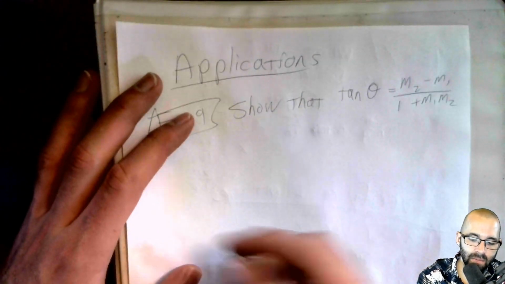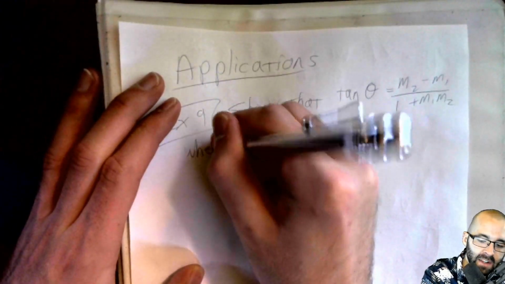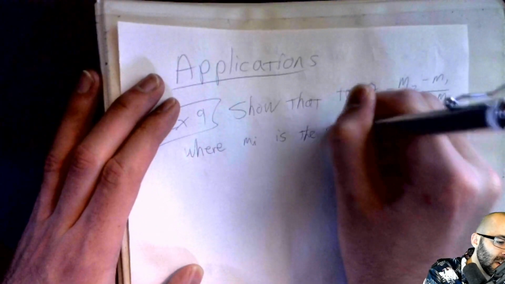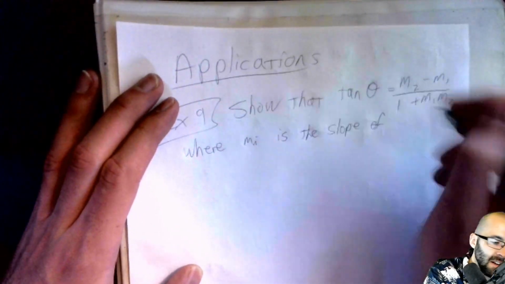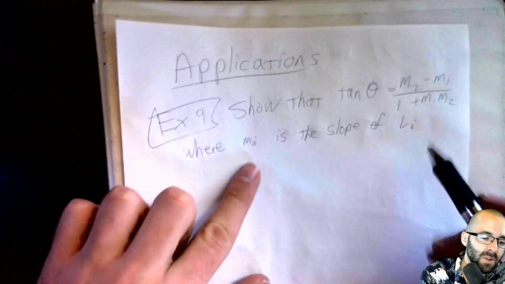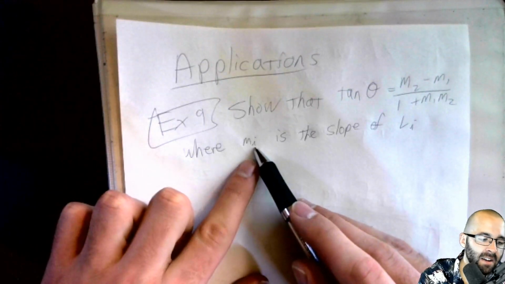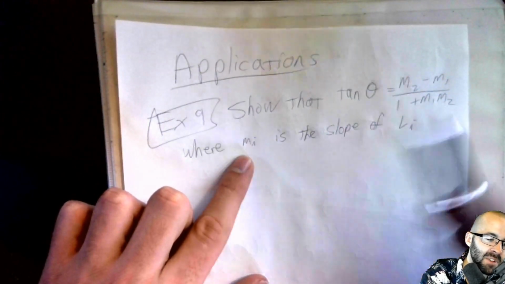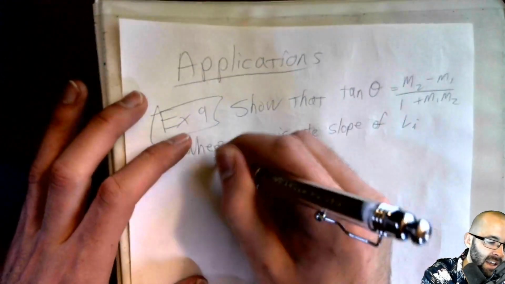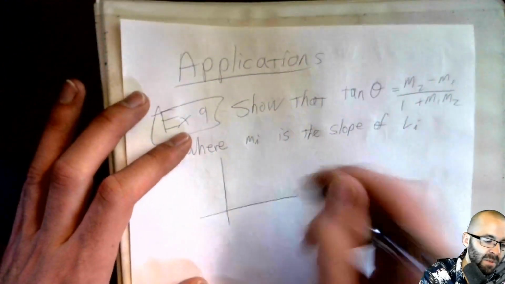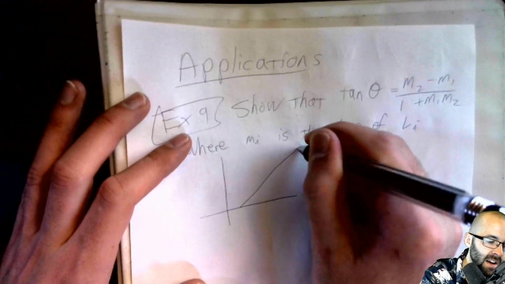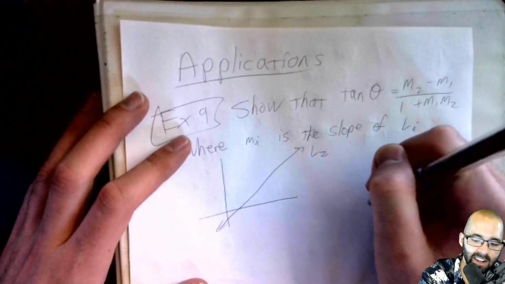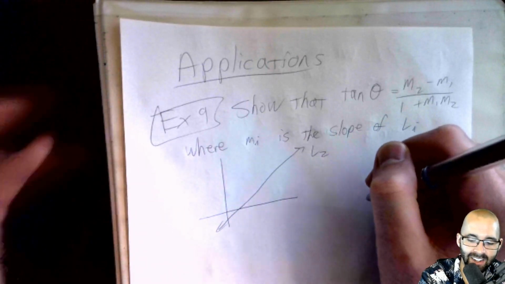Here we go. Let's continue on. Where mi is the slope of li. So this is just shorthand, right? i can be 1 or 2. So m1 is the slope of the first line. m2 is the slope of the second line. And we've got a nice, beautiful drawing for you of a line. Let's call this the second line. Why not the first one? No idea.